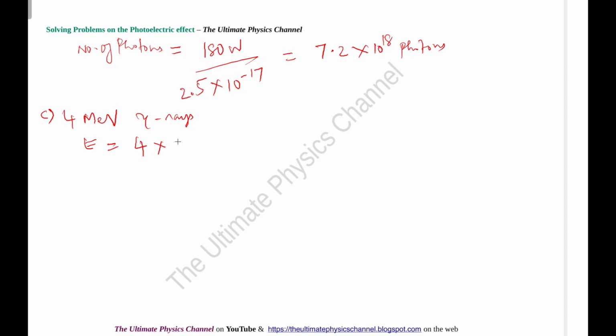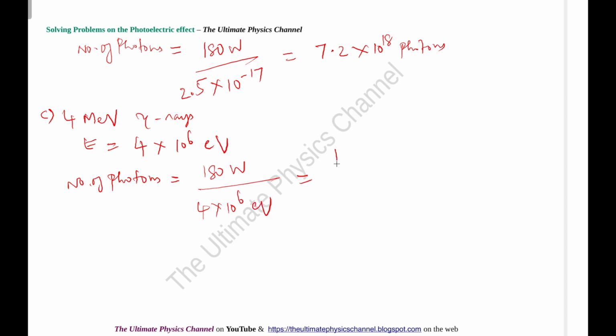It's directly 4 into 10 power 6 eV, and the number of photons in this case would therefore be 180 watt over 4 into 10 power 6 eV.